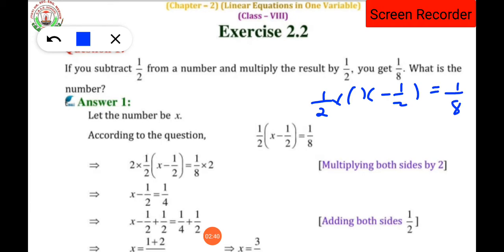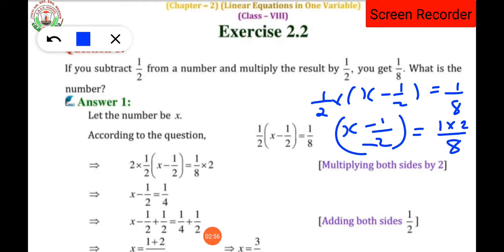So this 2 will be cross multiplied and moved towards the RHS. So x minus 1 by 2 is equal to 1 into 2 upon 8.